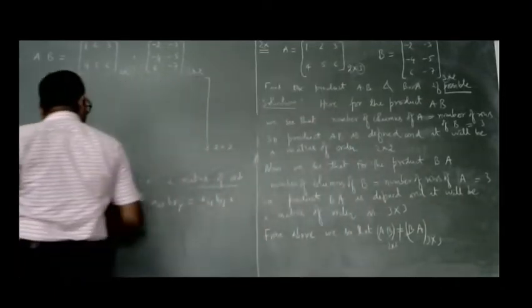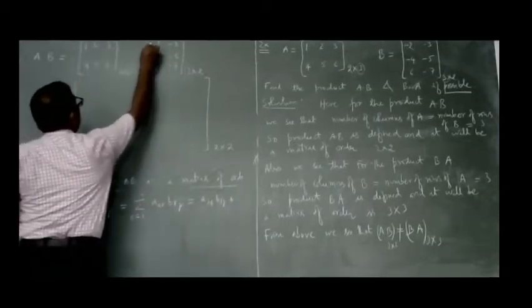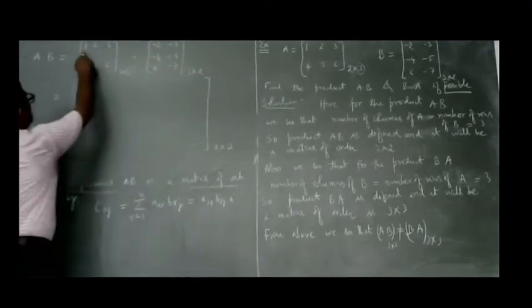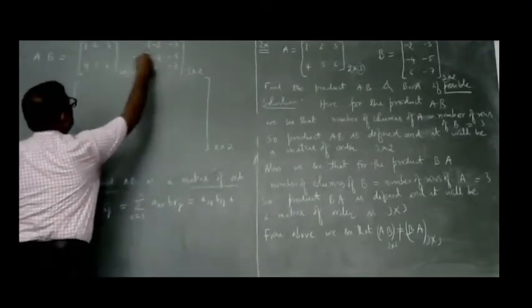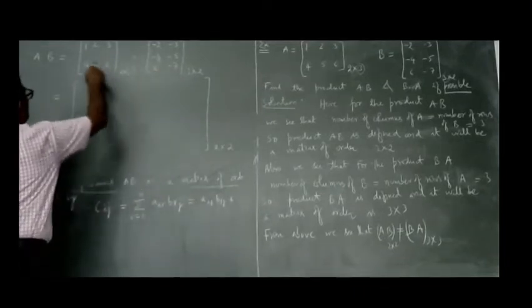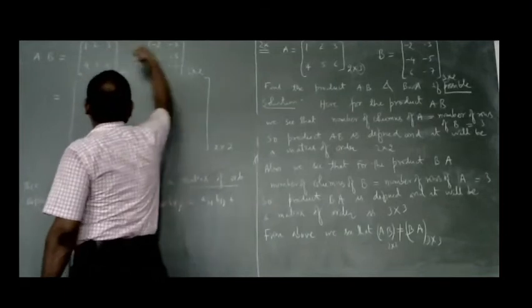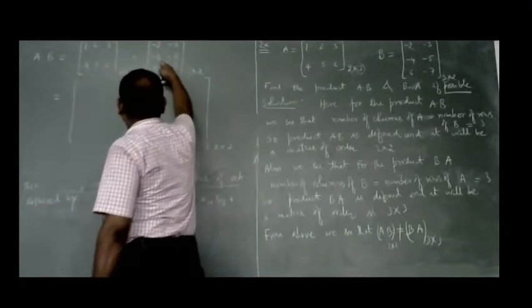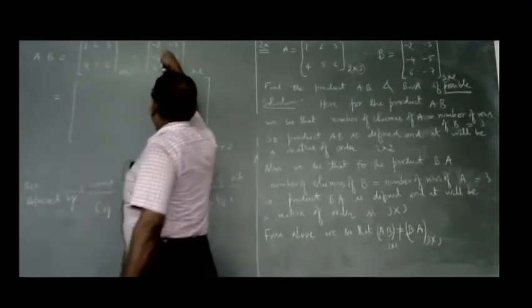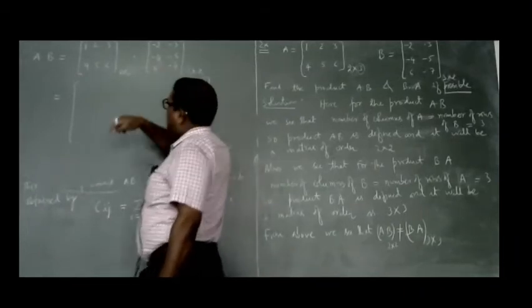The procedure is row column multiplication. Corresponding elements of the row are multiplied by corresponding elements of the column, meaning corresponding elements of pre multiplier are multiplied by the corresponding elements of column of post multiplier, and then summed.